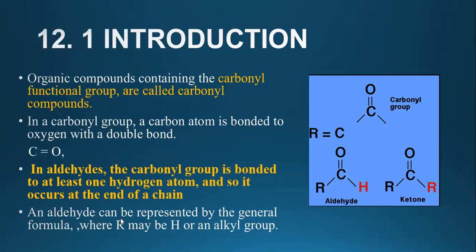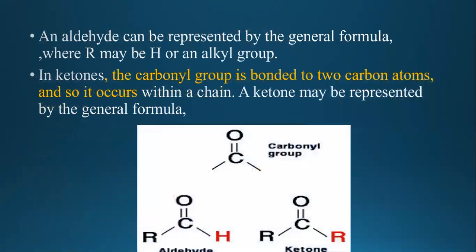So in case of an aldehyde, it can be represented by the general formula where R may be H. It means one of the R groups will be an alkyl group, but the other R group will be an H group. So we can say that an aldehyde can be represented by the general formula where R may be H or an alkyl group.